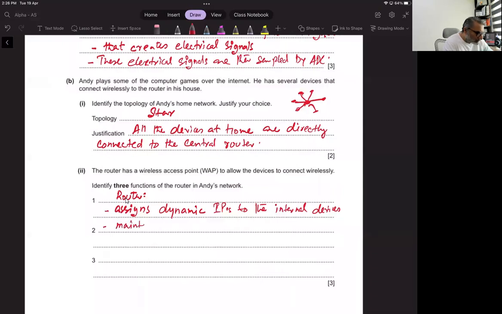It maintains an IP and MAC table, as in the addresses, IP and MAC addresses table.